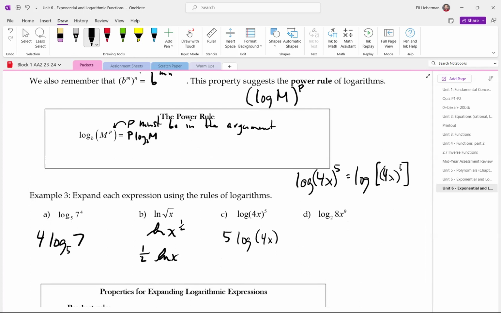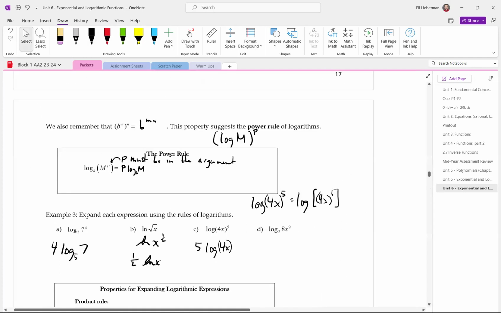You have to put the 4x in parentheses. If we didn't, the only problem is that it's not clear what's in the argument. Is it log of 4 times x, or log of 4x? So we need the parentheses.